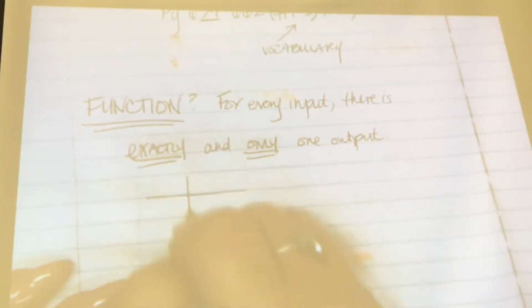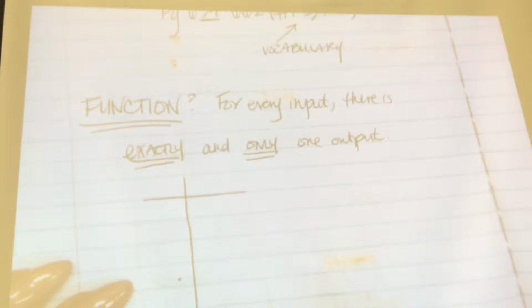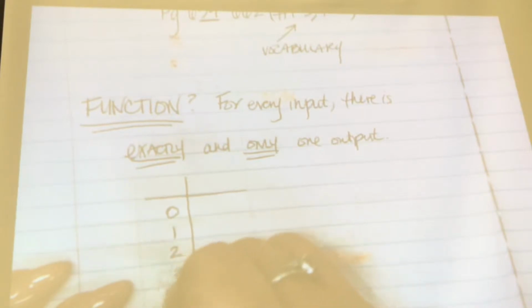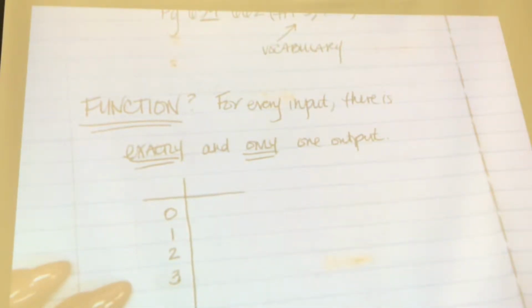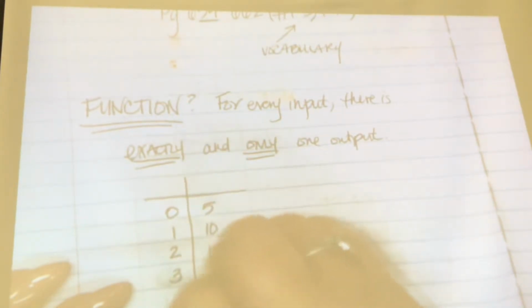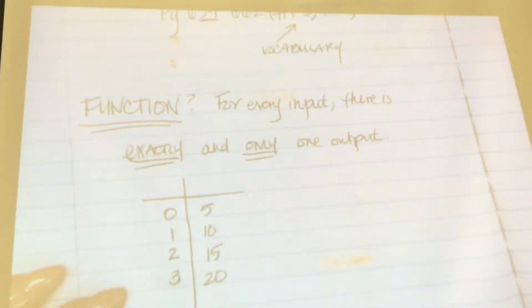So, if you have a table, that would mean that your x's would be different and each one of these are different. For every input, there's a different output.